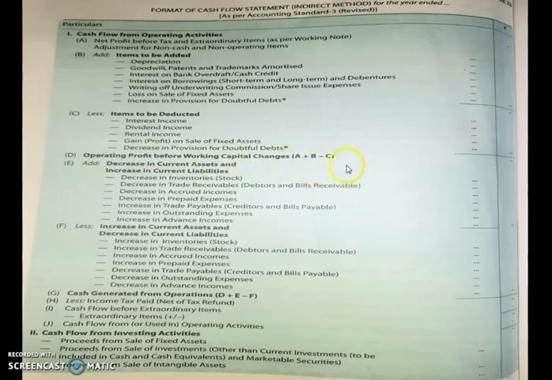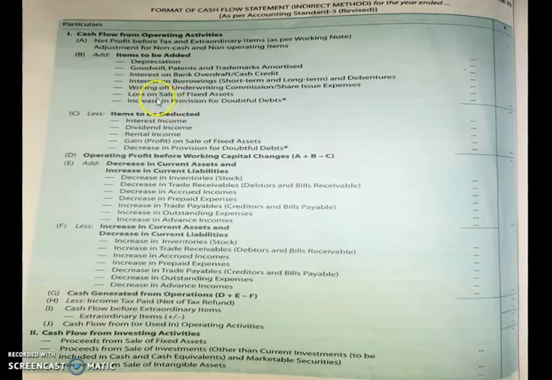So how will you get the amount for D? A, that is net profit before tax and extraordinary item, plus B, that is the items you have added, that list of 7 items. See, in the question they will not give you all the 7 items. So as per what is given in the question, only those items have to be added.